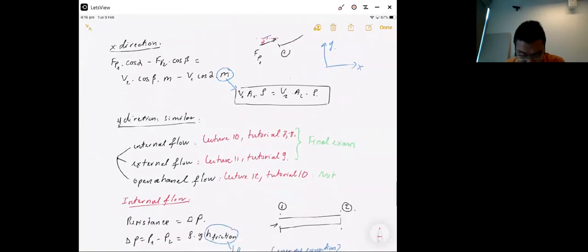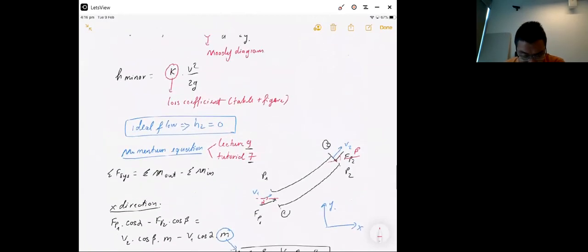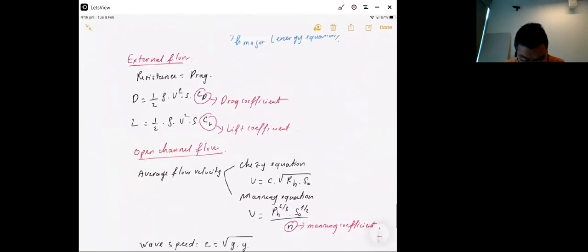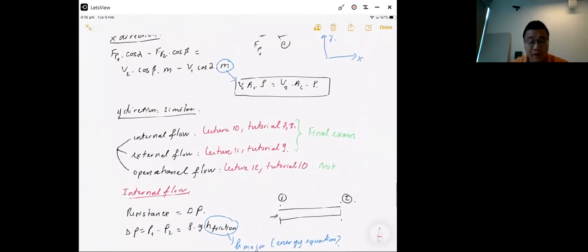In fluid flow, we will apply these three equations in internal flow, external flow, and open channel flow. But open channel flow, which we studied yesterday, is not in the final exam. In the final exam you only have questions about internal flow and external flow.